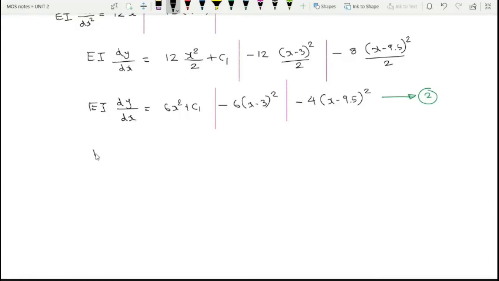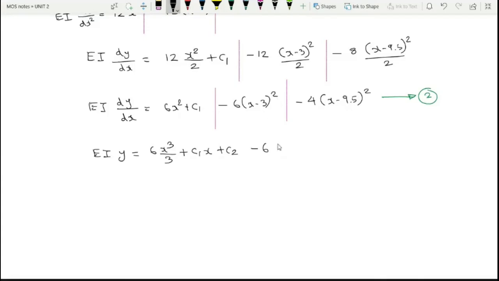Integrating it again, you'll get EI y will be equal to 6 x square, integrating it, you will get x cube by 3, plus c1, you will get c1x plus c2, minus 6 x minus 3 the whole square.